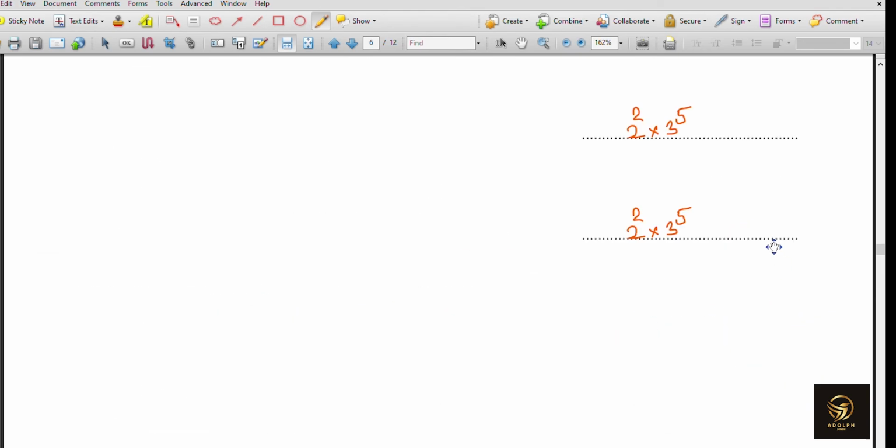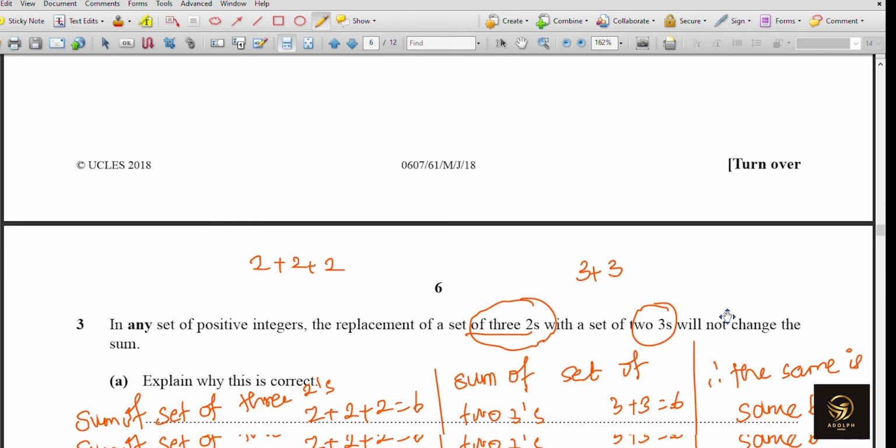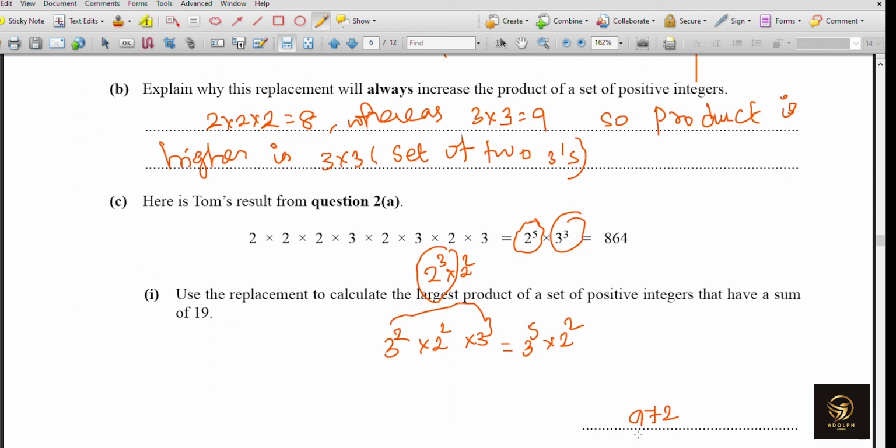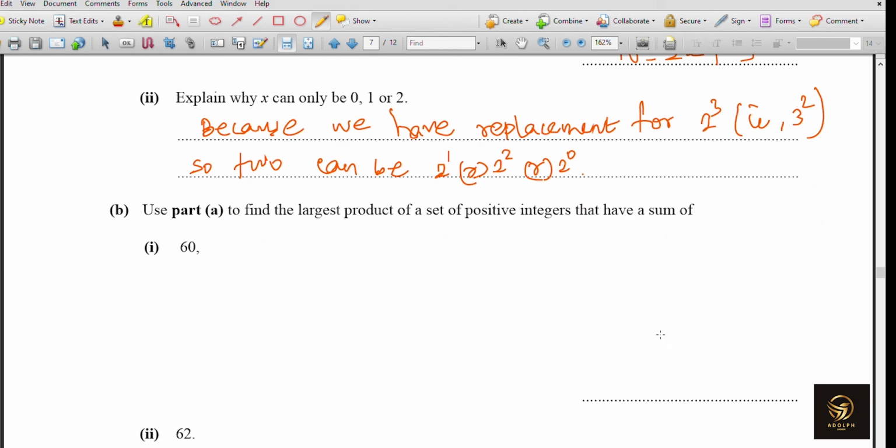This example is a great example for that. 2 power 5 was there, but we made the 2 power 5 into 2 power 2, because we have taken the multiples of 2 power 3 out, so that it won't be more than that.